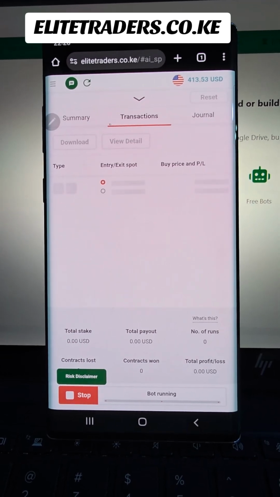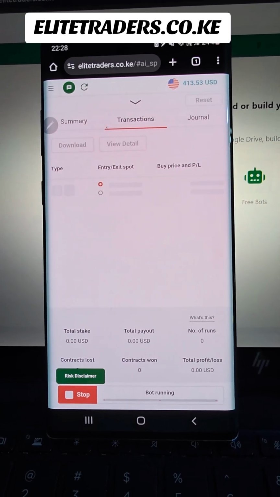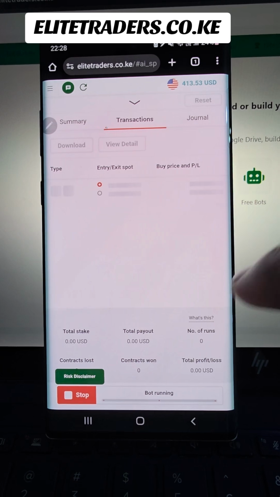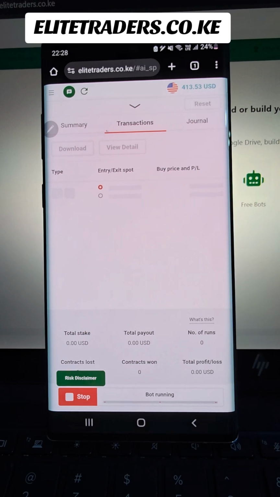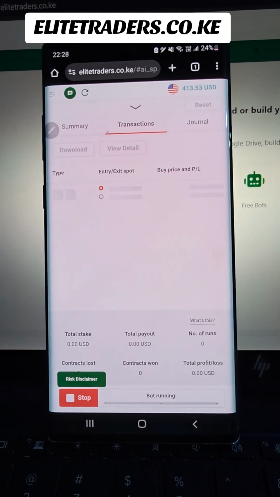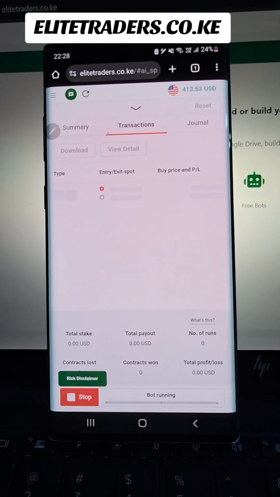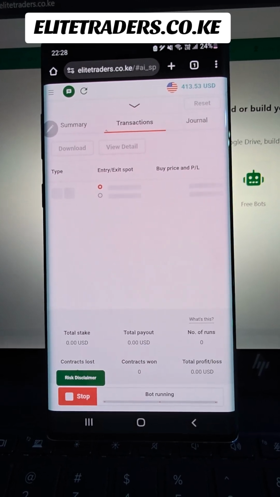The second condition is the LDP: since we are trading under 5, the digits above 4 must appear 3 times consecutively. I'll explain in detail on the choose strategy part after we are done with the trade.